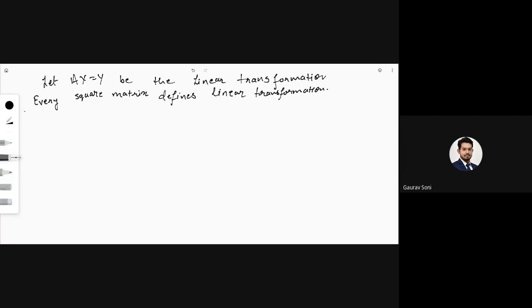So number one, if determinant of A is equal to 0, then A is called a singular matrix.